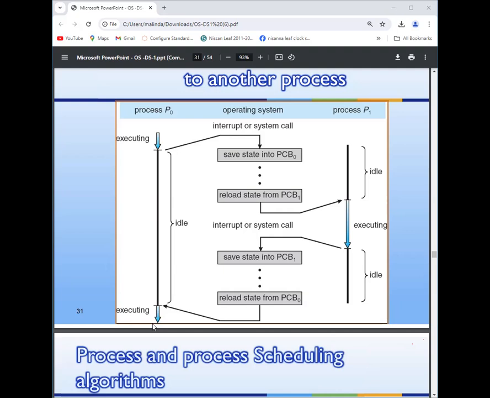So the task it is doing is stopped at some moment and saved. All the work that has been done so far is saved in a particular PCB, and the control is given to the other process, so that the second person uses the hammer from the point where it stopped earlier.